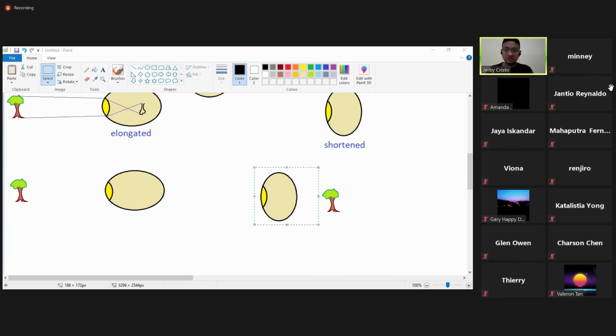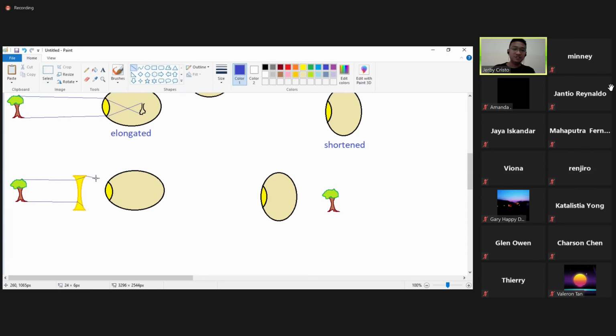So what does the concave lens do with light? This is a concave lens. When the light is reflected by the distant object, what does the concave lens do with the light? The concave lens will diverge the light.